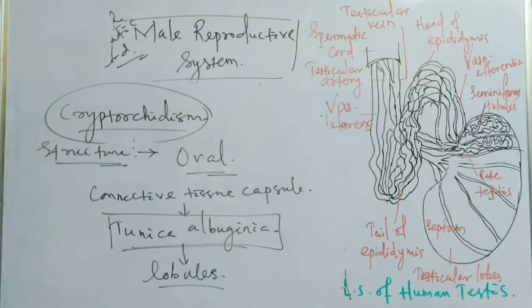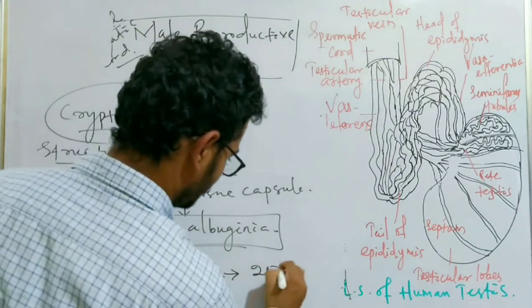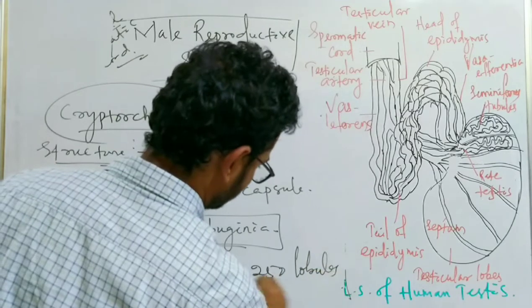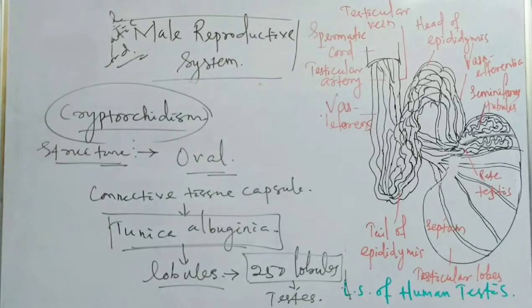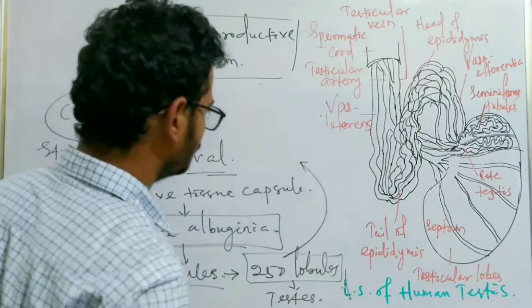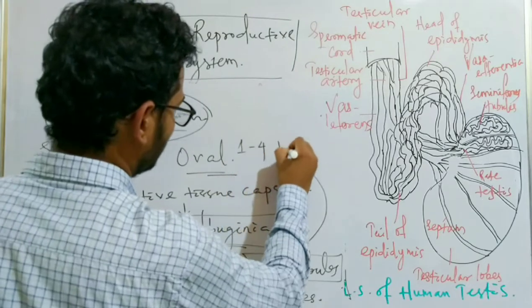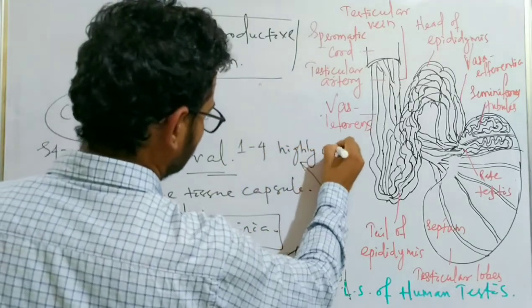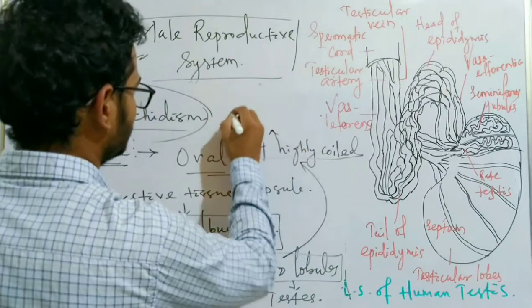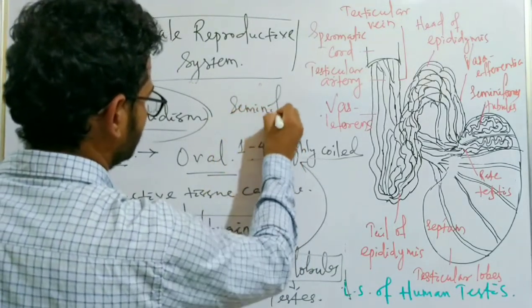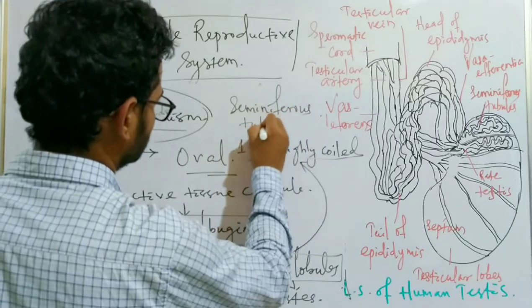Okay, there are about 250 lobules in each testis. Each of these 250 lobules contains 1 to 4 highly coiled tubes, and they are known as the seminiferous tubules.